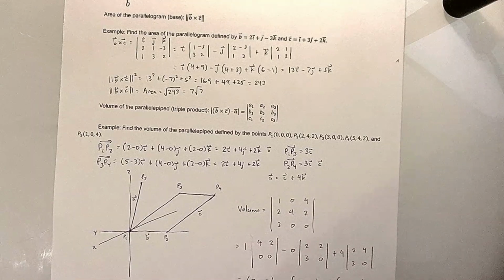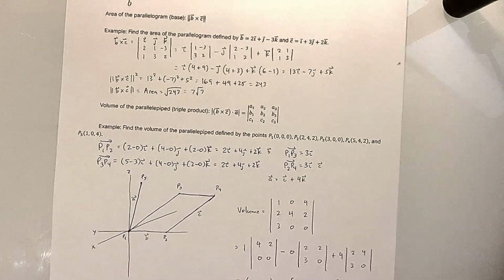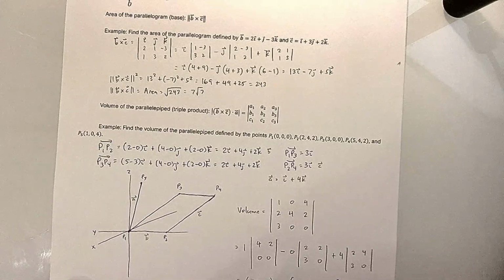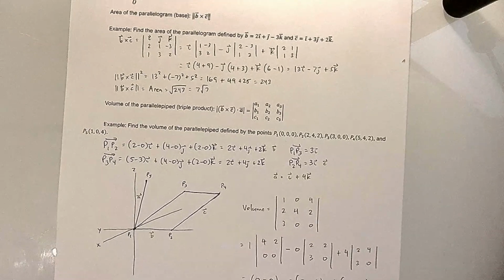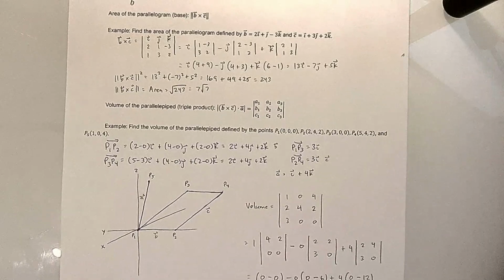And somehow we end up with a volume of minus 48, which I don't think is actually correct. The volume is actually the absolute value, which is 48. So 48 is the correct answer. And this is actually problem 38 from the textbook. So that's it. That's your cross product.